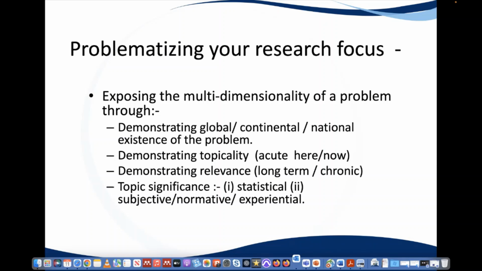They are not topical because they are not being spoken about on all the front newspapers here and now. They are not relevant because they haven't lasted forever, but they are significant by virtue of the subjective, normative experience that people who go through it have. And usually we measure this through trauma. So here's a typical example.